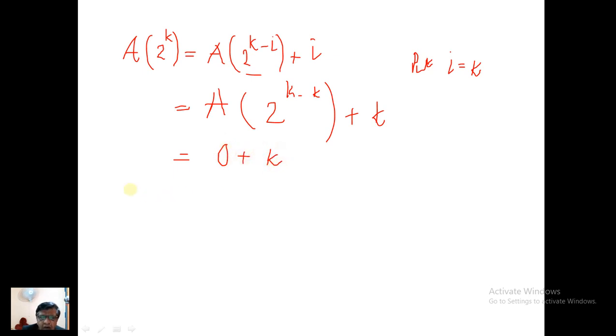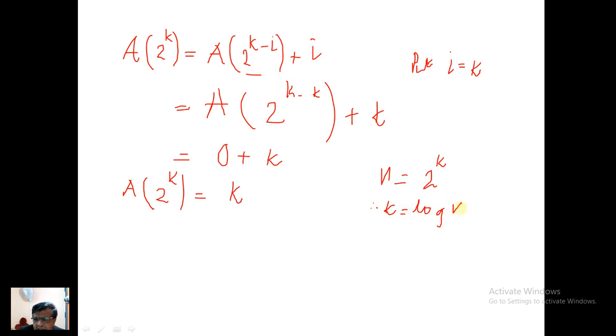So now we have come to a stage wherein we are able to solve this recurrence relation: a of 2 to the power of k equals k. Our assumption went like this: n was expressed as 2 to the power of k. Therefore, by the base exchange formula of logarithm functions, k will be log n to base 2.